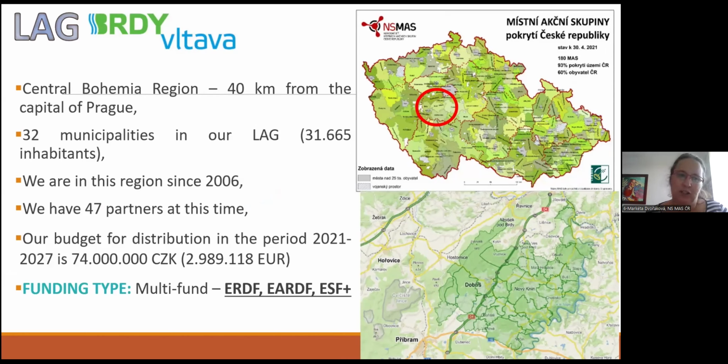We now have 32 municipalities in our LAG and around 32,000 inhabitants. We have 47 partners and around 3 million euro for the period 21 plus. And what is great, we do have a multi-fund.